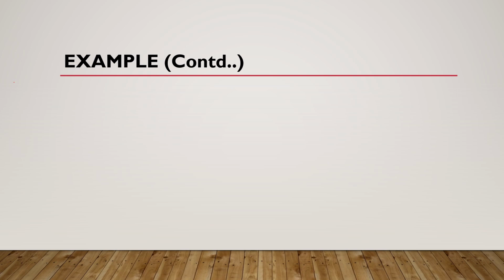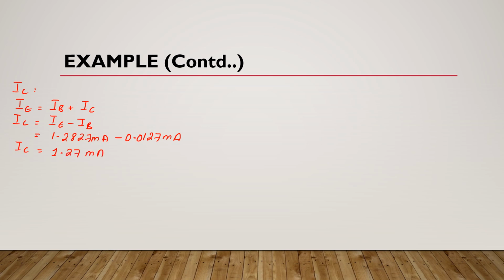Now we will find IC. We know that IE is equal to IB plus IC. It means IC will be equal to IE minus IB. We know that here IE is 1.2827 milliamperes and IB is 0.0127 milliamperes. It means IC is equal to 1.27 milliamperes. Now we will find the nodal voltage of the collector.